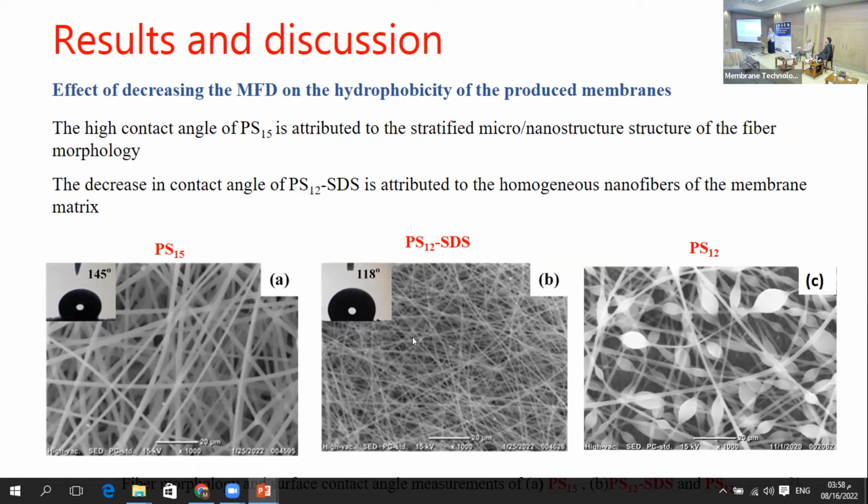So a salt was added to the polystyrene 12% solution to lower the mean fiber diameter of the produced membrane. But lowering the mean fiber diameter decreased the contact angle considerably. So to address this problem, we synthesized the ZIF8 hydrophobic nanofiller.